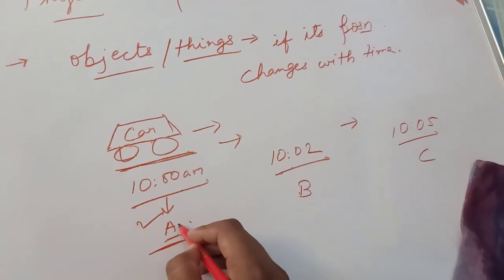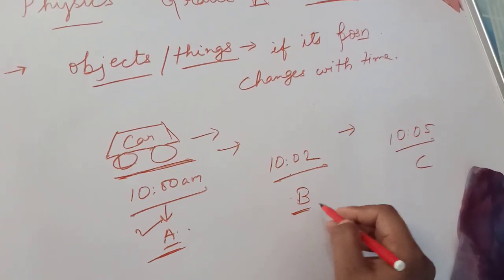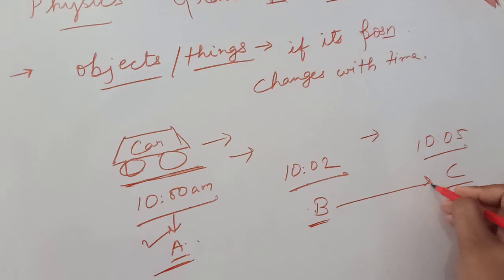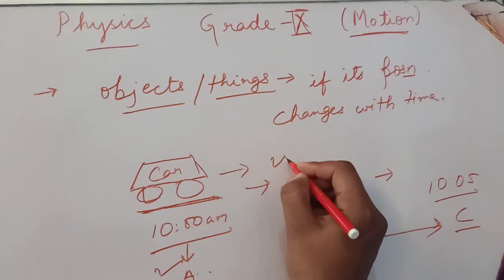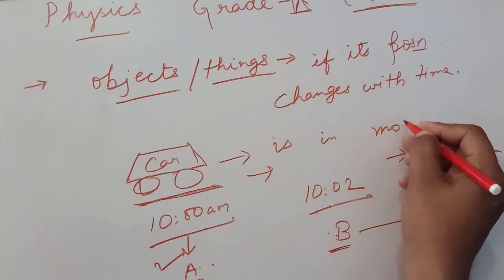It has changed its position from A to B, and then from B to C. In this case we say that the car is in motion.